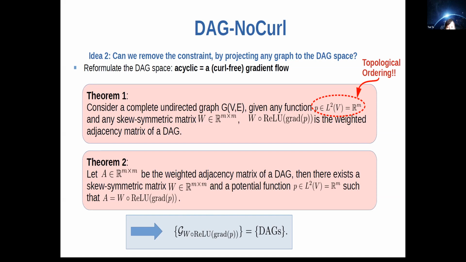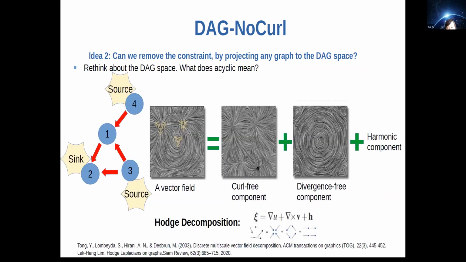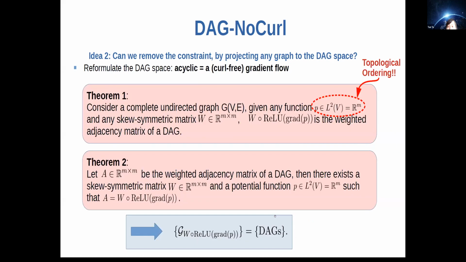So what we are really trying to show here is, given any function p, a function with values on the nodes of the graph, which can be seen as analogous to the u here, then the gradient of p is naturally a DAG.